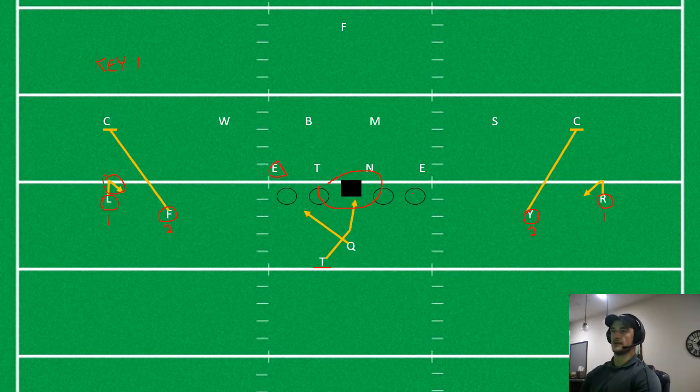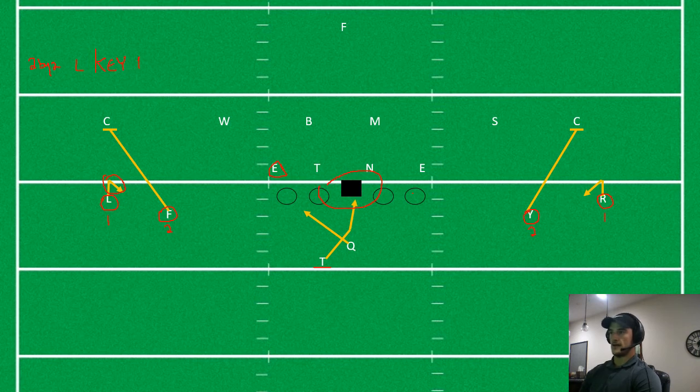So both of the outside receivers, the 1 receivers, are running key screens. The 2 receivers are blocking the most dangerous man, and the tailback is running the inside zone. And based on how the defense is lined up, that's where we're going to go with the football.